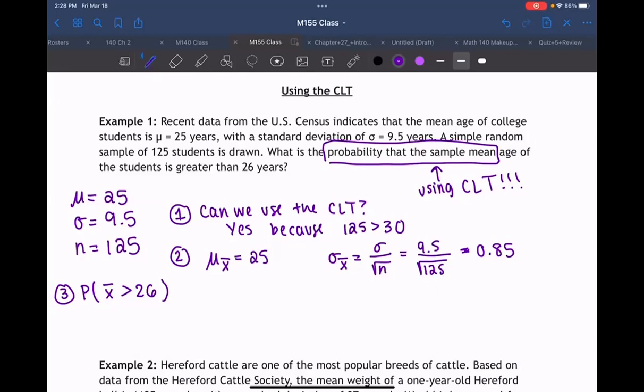And we're asked to find the probability. Now if we were to use Minitab, are we going to use the cumulative probability or the inverse cumulative? So are we finding a probability or are we finding the x value here?